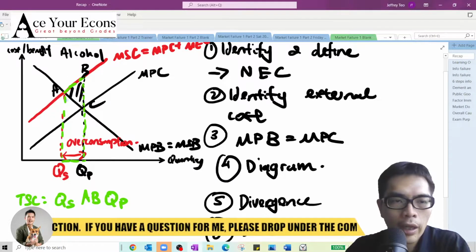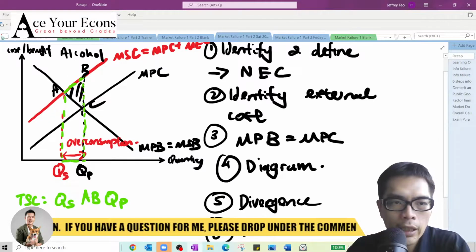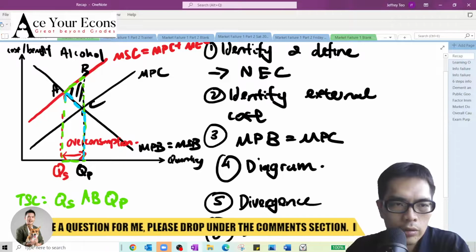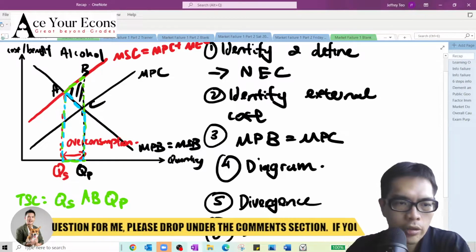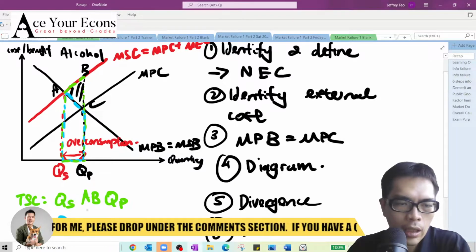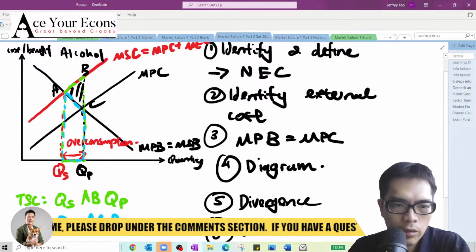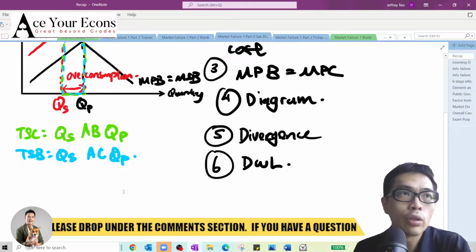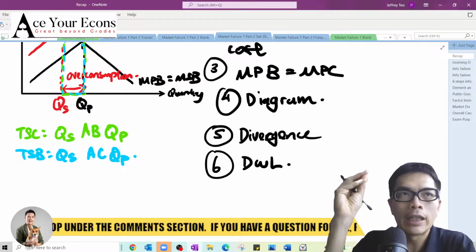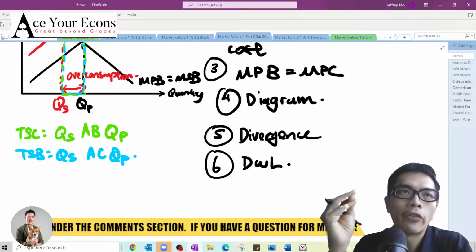Right? Likewise, we can see that the total social benefit is the area under your marginal social benefit. Do you see that? So your total social benefit will be QS, A, C, QP. So I would like you to illustrate these two and tell me what the total net welfare is.